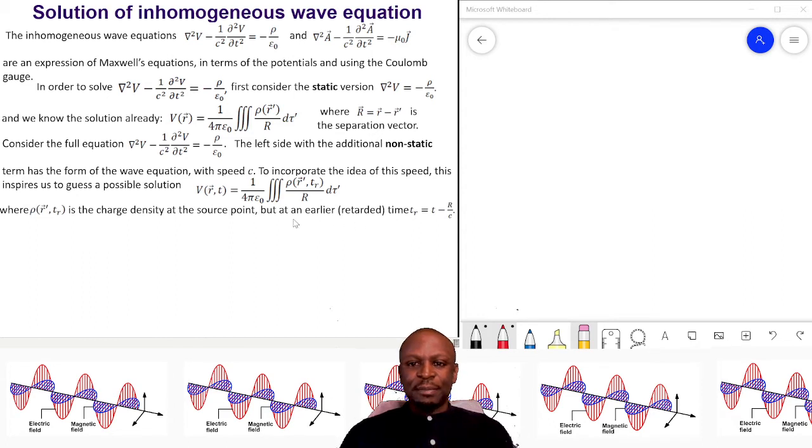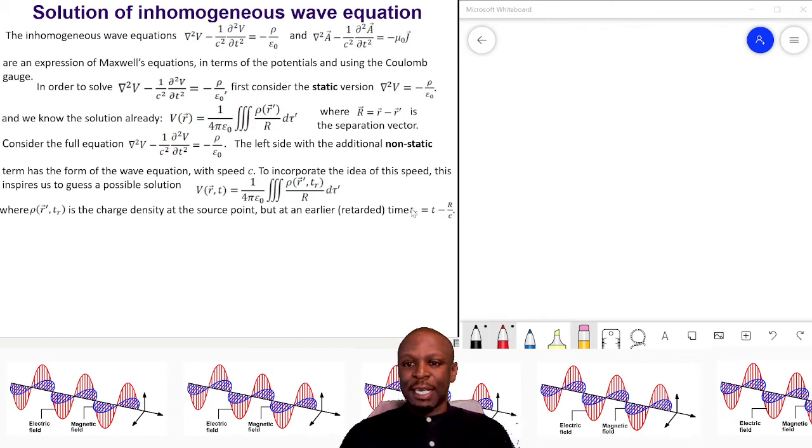This t_r is nothing else but what we call the retarded time, an earlier time. Therefore the charge density is just the charge density at the source point, as I've shown you, but at an earlier or retarded time.